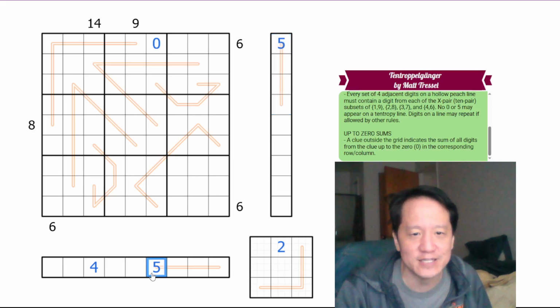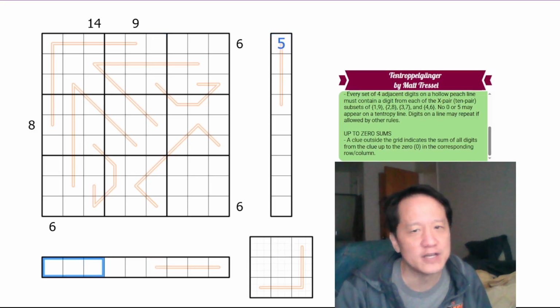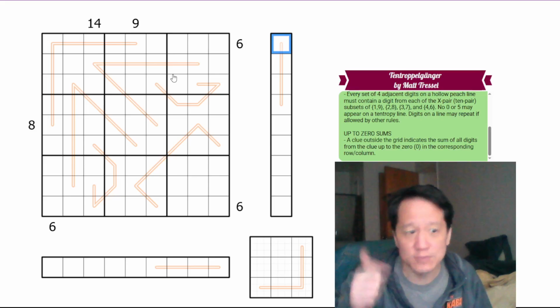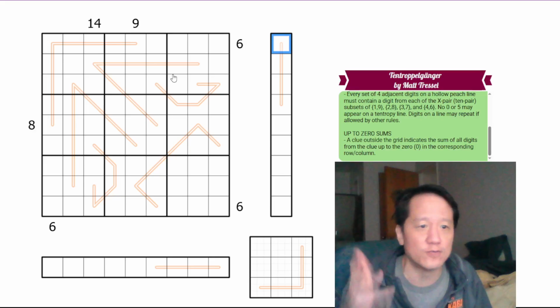So actually, these 5s are not valid at all, because 5 can never appear on a Tentropy line. But as an example, for every set of 4 adjacent digits on a Tentropy line, you have to have 1 digit each from the sets 1, 9, 2, 8, 3, 7, and 4, 6.